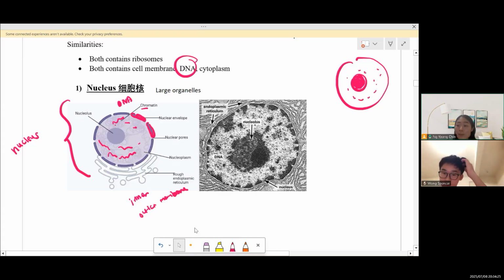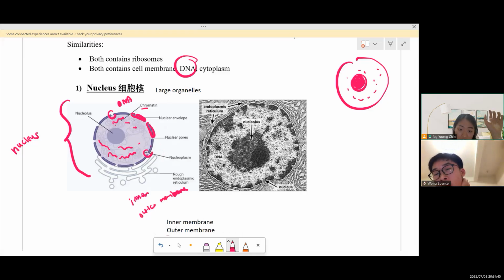So it is called a double membrane structure. The outside is the outer membrane, the inside is the inner membrane. And you can see that the membranes are not continuously joined to each other. They have a hole here. Can you see it? Hole.